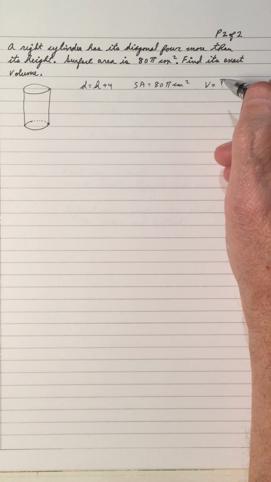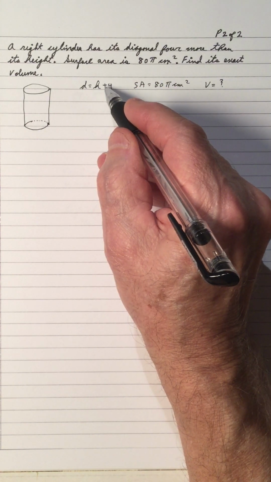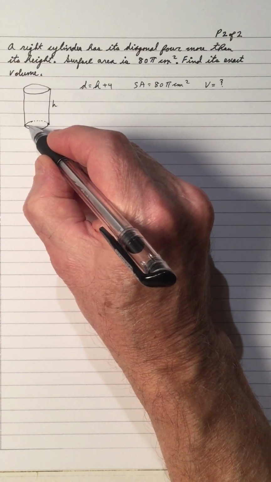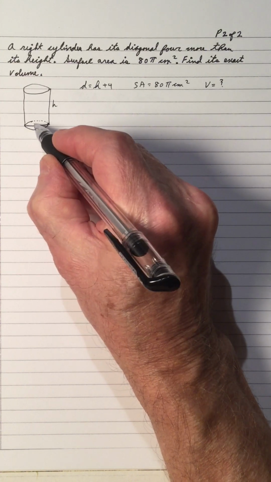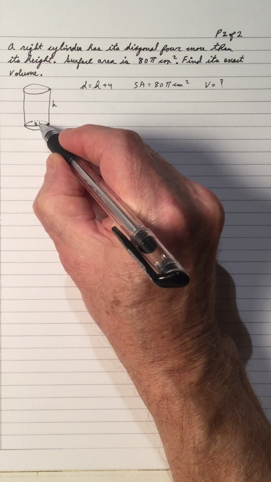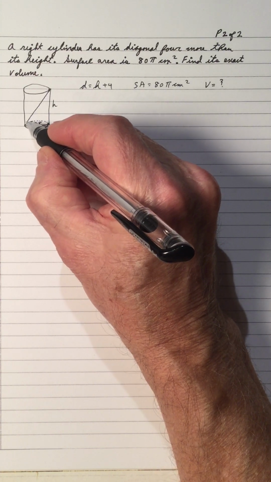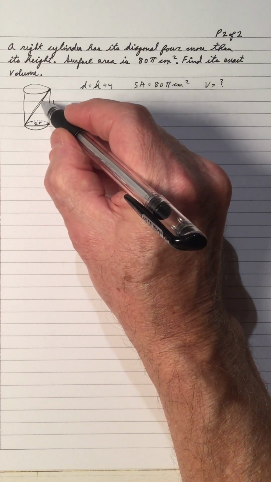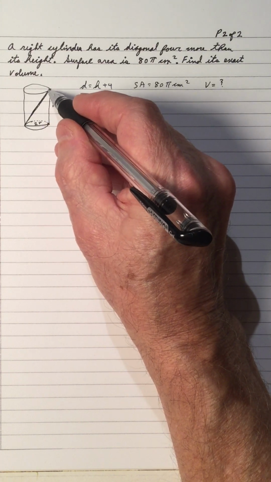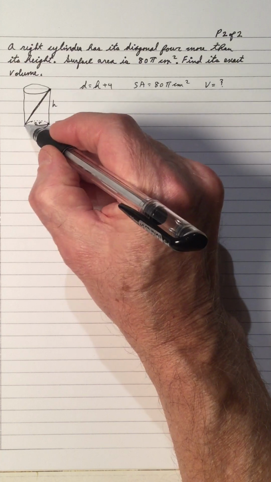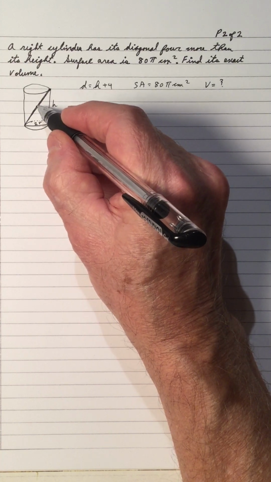So we have the diagonal and the height, and this is the diameter, which is twice the radius. I keep calling the diagonal the diameter. The diagonal of a right cylinder goes from the top to the bottom, passing through the center.